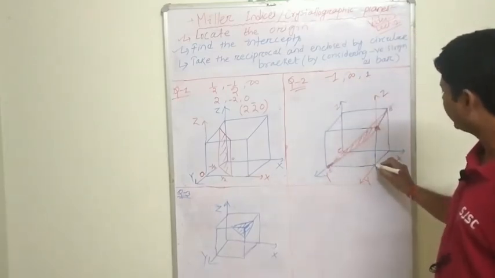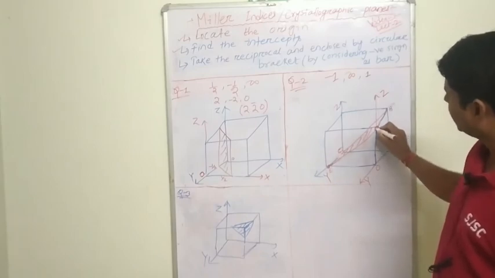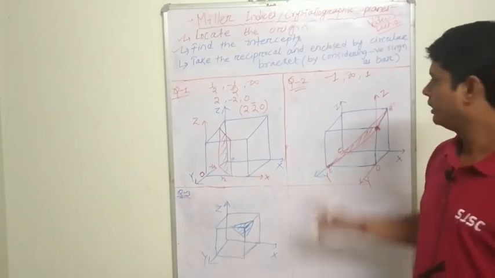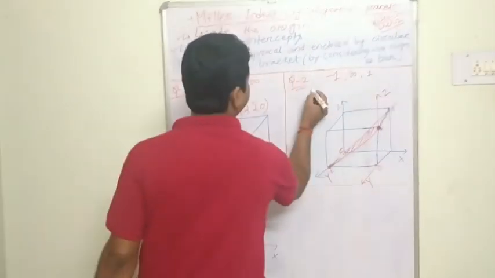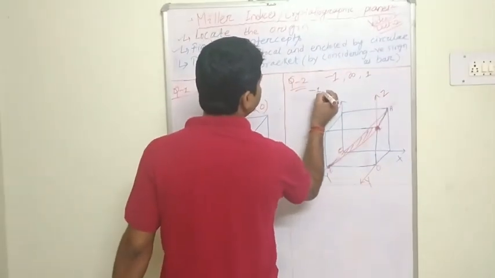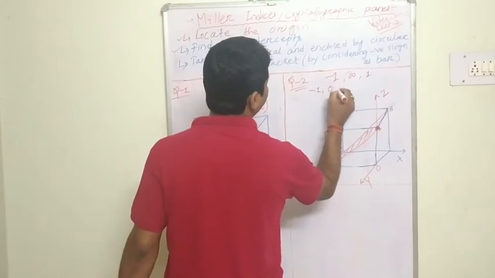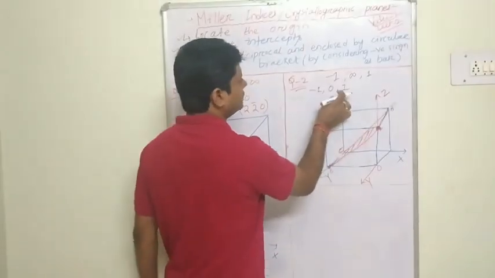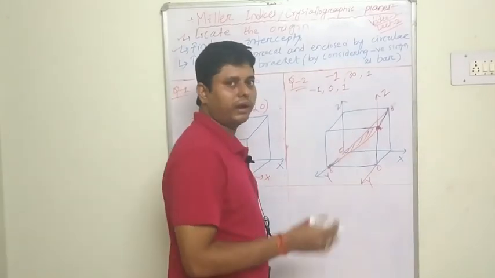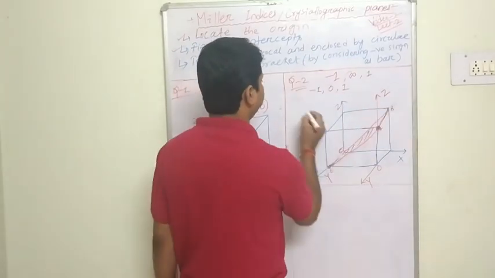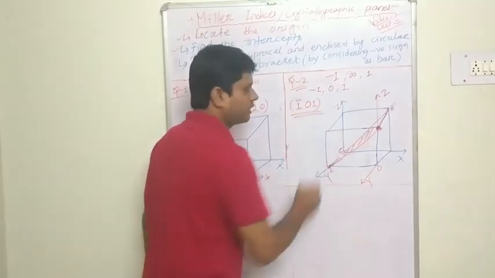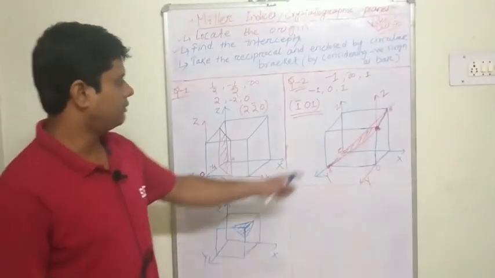If this is the origin, I have to move positive 1 unit and I am going to reach this point. So it will be 1. Now we have to take the reciprocal, then the reciprocal will be minus 1, 0 and 1. Now we have to put these values in the bracket without any comma, putting the bar over the negative sign. So 1 bar, 0, 1 is the required Miller indices of this plane.